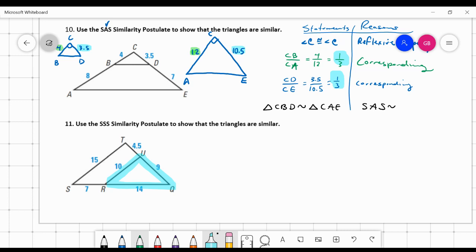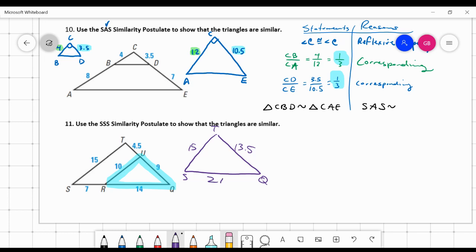Now the bigger triangle, I'm just going to redraw it over here as TSQ. So ST is 15. TQ is 9 plus 4.5, which is 13.5. And then SQ is 7 plus 14, which is 21.